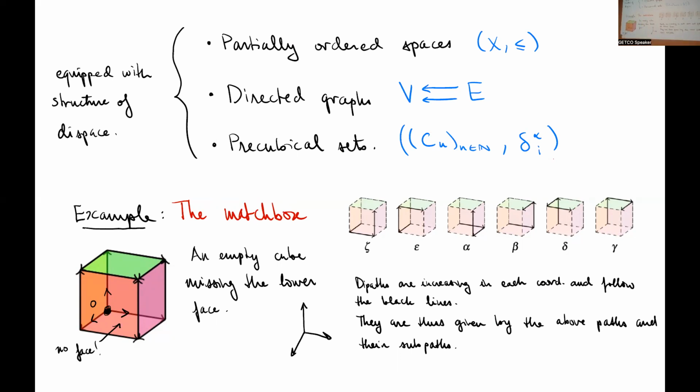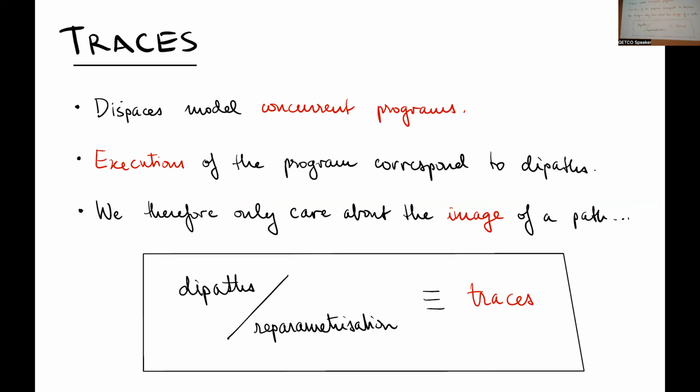Okay, so directed paths, directed spaces, this is all fine. But what these are mainly used for is giving us a semantics of concurrent programs. In this view, the executions of the concurrent program correspond to the different directed paths through the space. So we saw, for example, in the first talk that they're tackling the problem of scheduling and interleaving of paths.